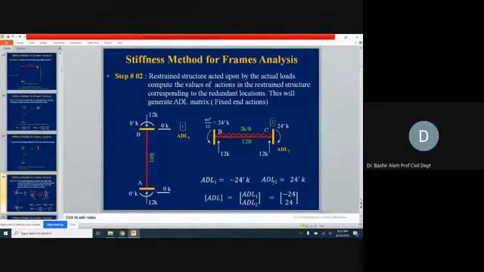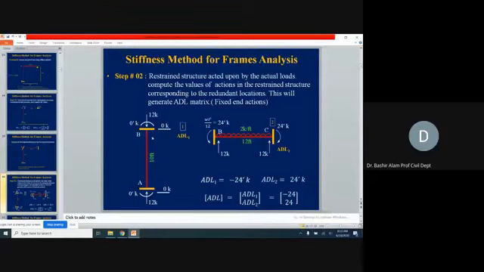Now to find out ADL2, we are coming to the D2 location. At D2, the corresponding moment is in the clockwise direction, means positive. So plus 24 is our ADL2. So ADL1 and ADL2 values you have, one is minus 24, one is plus 24. Let's say at B we had 4 kip feet, in the clockwise direction.